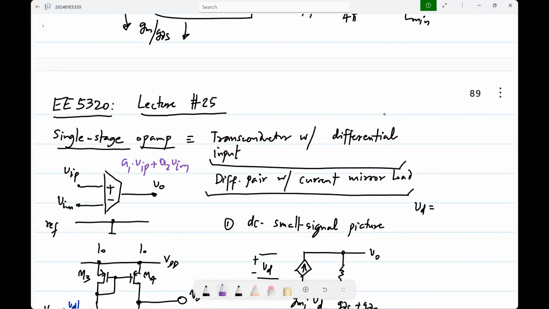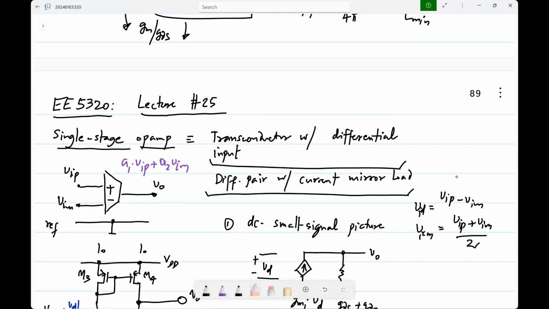So, VID is VIP minus VIM, and VICM is VIP plus VIM by 2. You can either choose VIP and VIM as the variables or VID and VICM. We will choose VID and VICM because functionally that's what is relevant.